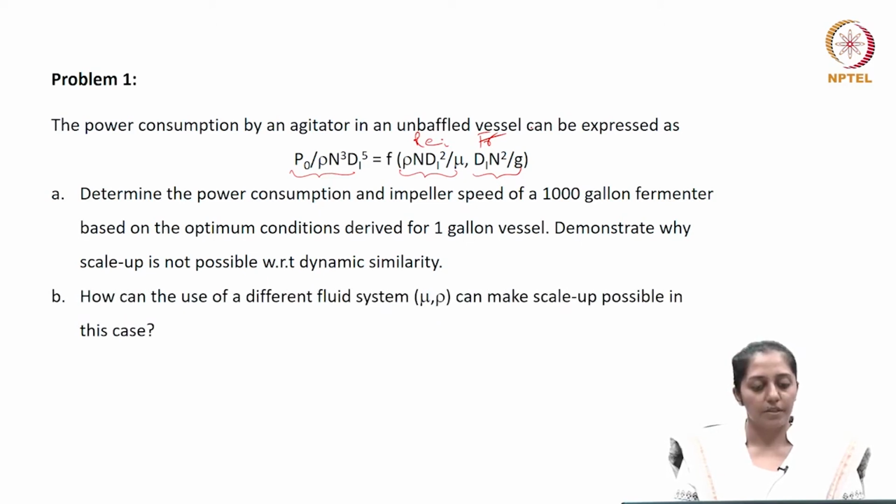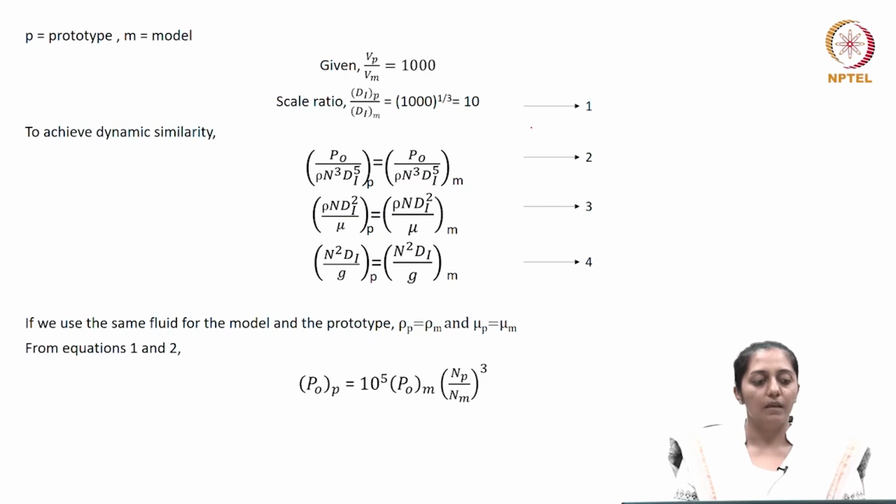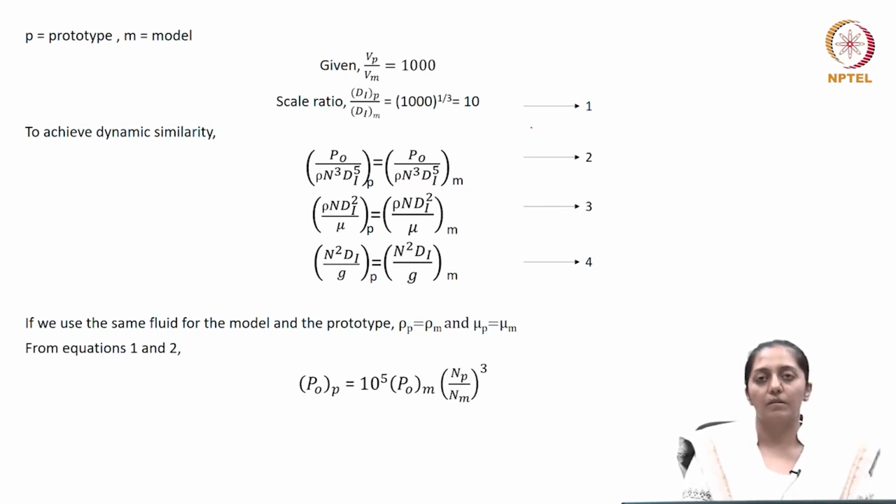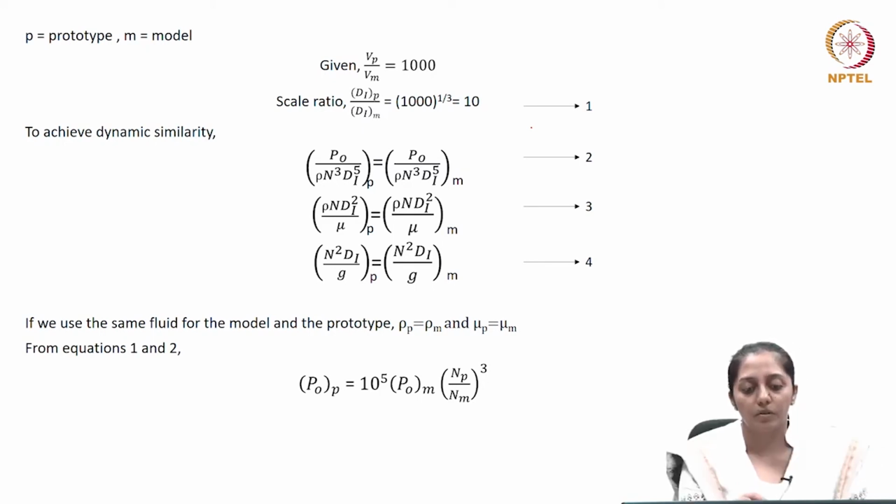So let's first look at the first part of the problem. We'll mark P for the prototype and M for the model. Your volume of the prototype is increasing by 1000 folds from the model.